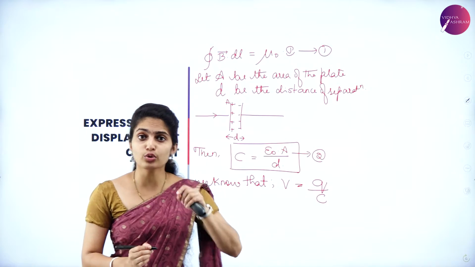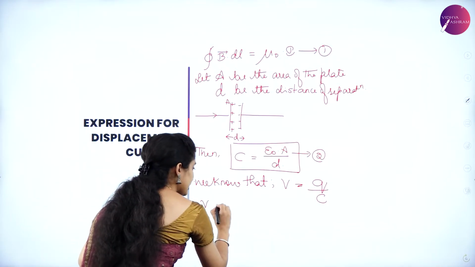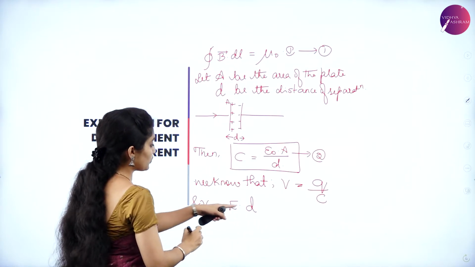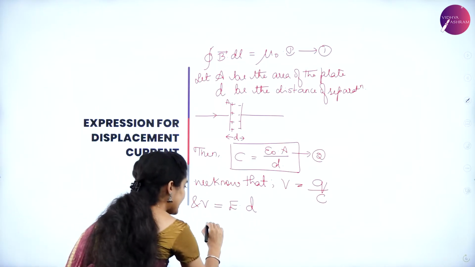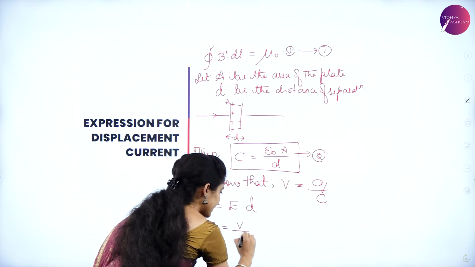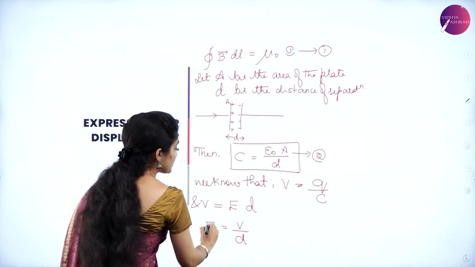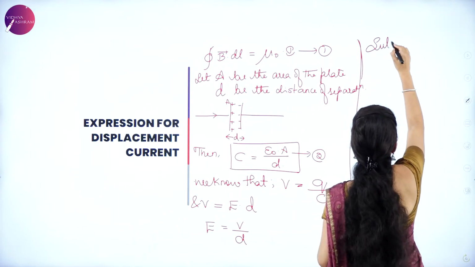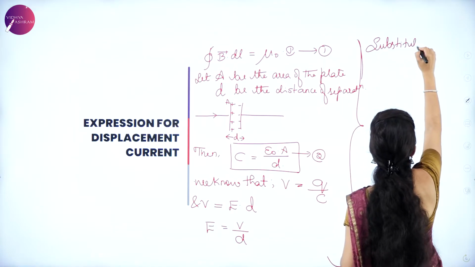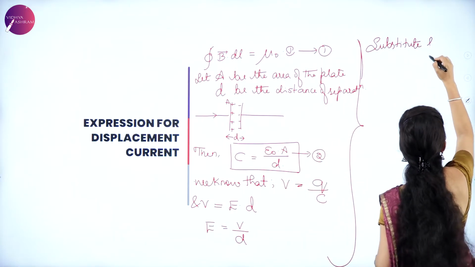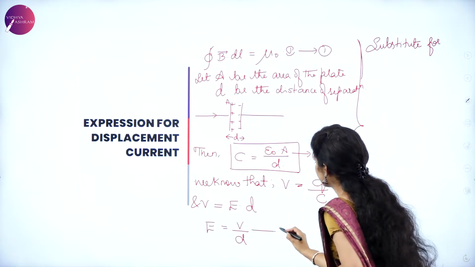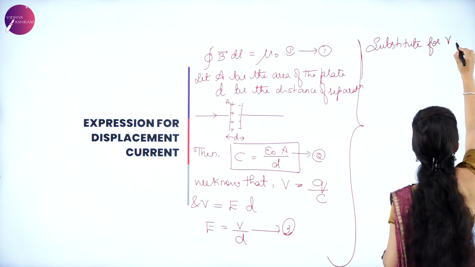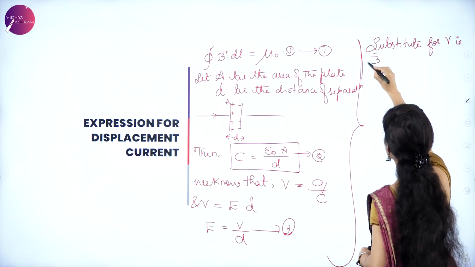Now we also know that the potential is equal to E into D, so V is equal to E into D. So E can be written as V divided by D. Call this equation 3. Now substitute for V in equation 3.